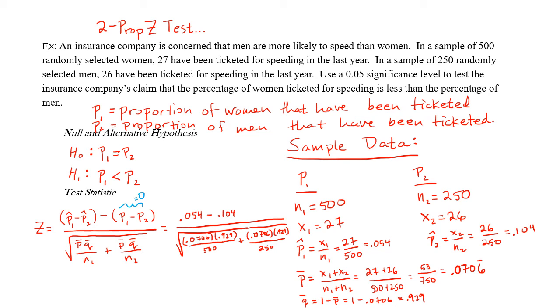It asks for x1, n1, x2 and n2. And then the form of our alternative hypothesis was P1 is less than P2, so we'll just select less than P2. That's all the information that it needs, and then it'll compute all this for us without us having to punch all this into our calculator and get a very messy formula as a result.